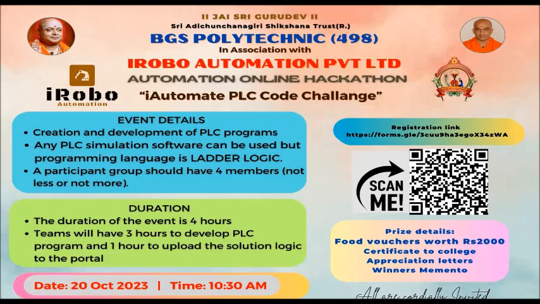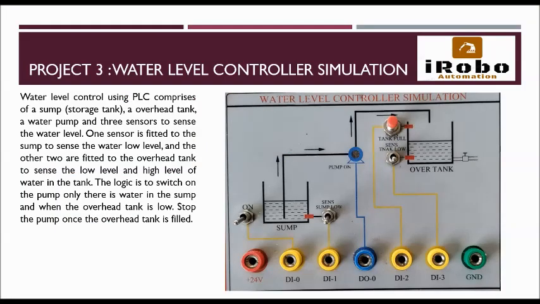Say, for example, water level control simulation. In this there is a sump and an overhead tank. The overhead tank has two sensors and the sump has one sensor to check whether the sump has enough water. Okay, and there is a motor pump here, and to switch on the tank control there is an on switch.